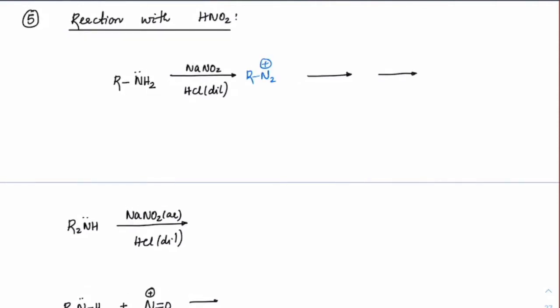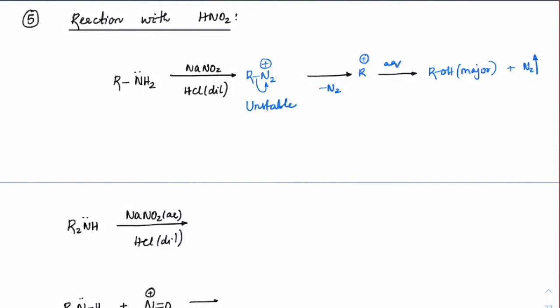Okay, and if R is an alkyl group, it is highly unstable, and it will remove N2 and come out as a carbocation. And since it is an aqueous solution, the major product you will get is usually alcohols, and rearranged alcohols, because it is a carbocation, it can undergo rearrangement and form alcohols.